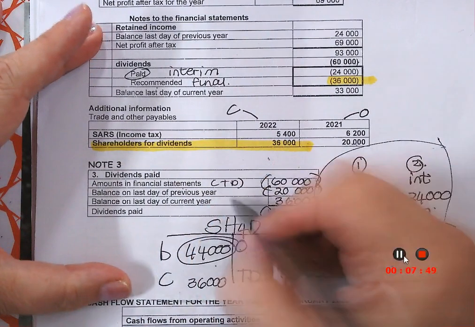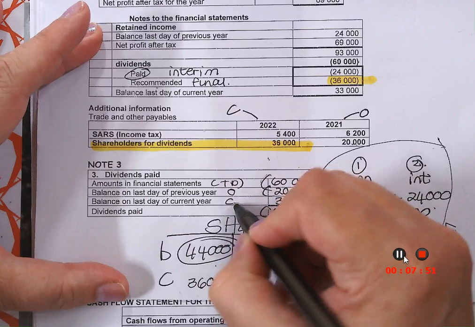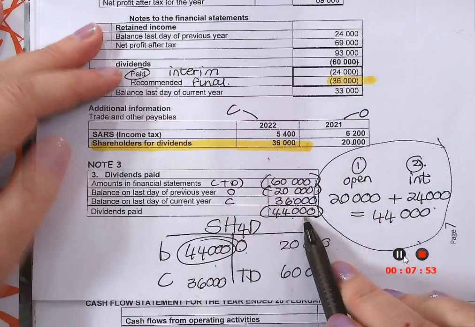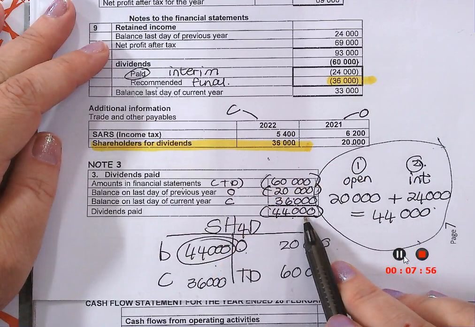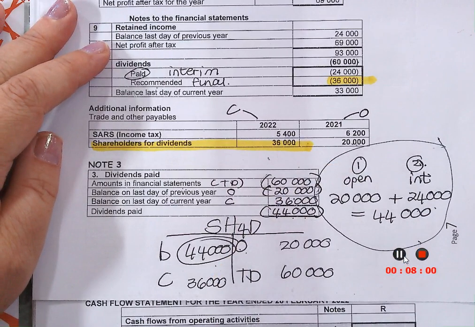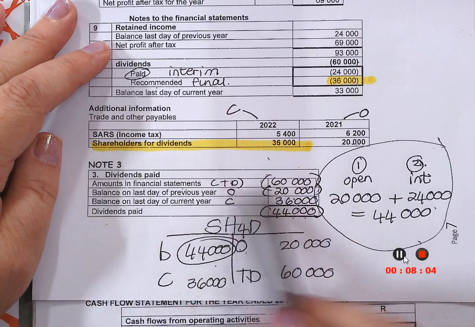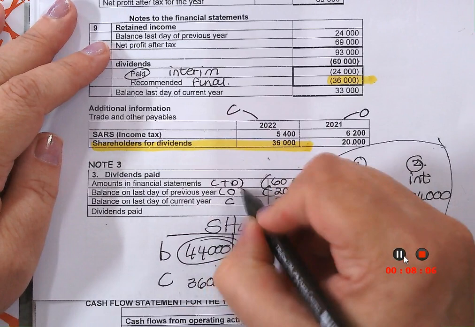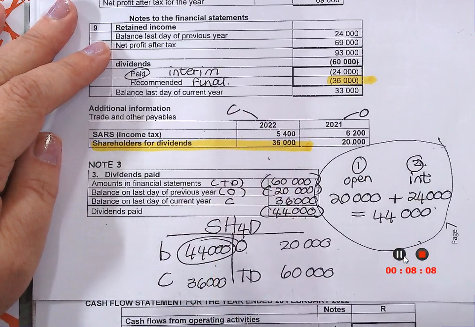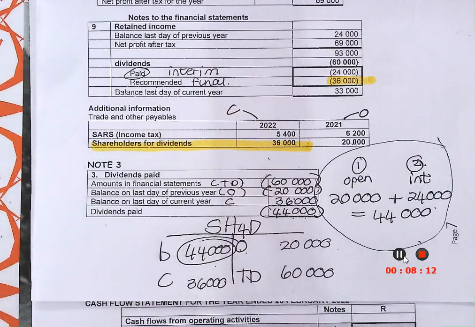Then it's your opening balance, your closing balance, and then you get your dividends paid. Since all of this is calculations, you don't have to write these fancy words. You can say total dividends, opening balance, closing balance, dividends paid. It's short. You don't have to write all the beautiful words there.